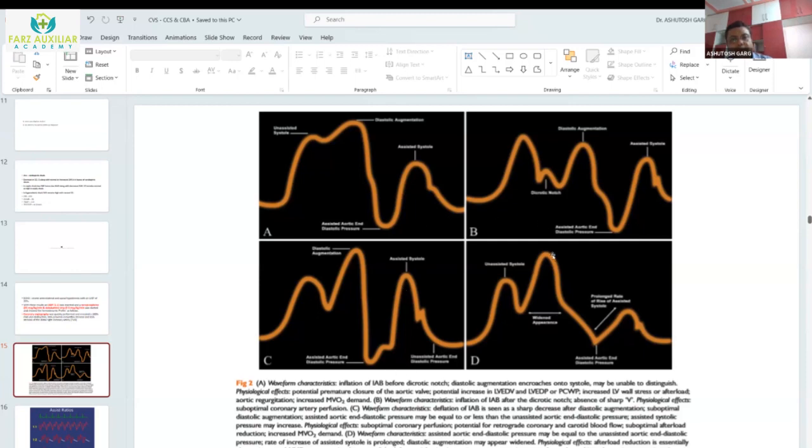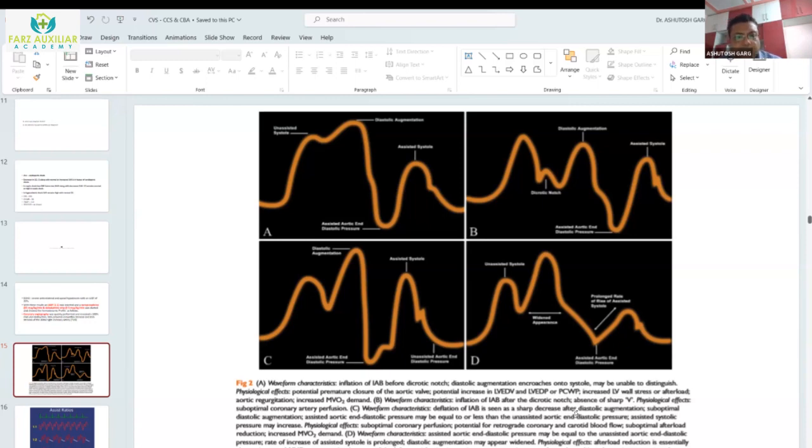So in all 4 scenarios, there will be a decrease in the coronary perfusion pressure along with an increase in oxygen demand. So this is the basic problem. Afterload reduction is essentially absent in D, and that will increase the myocardial oxygen consumption because of the left ventricle ejecting against a greater resistance.